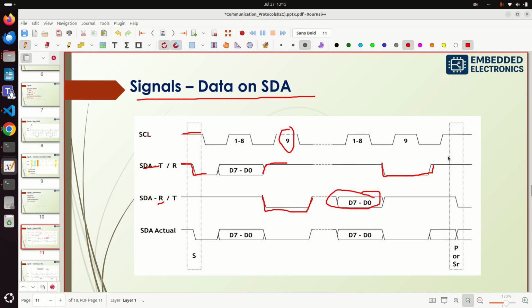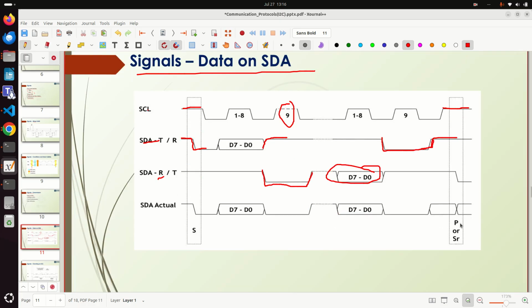So how will it stop? The clock line is high and the transition happens from low to high. If you want to continue the communication, then repeat start means transmitting another start bit. It can either be stop or repeat start.